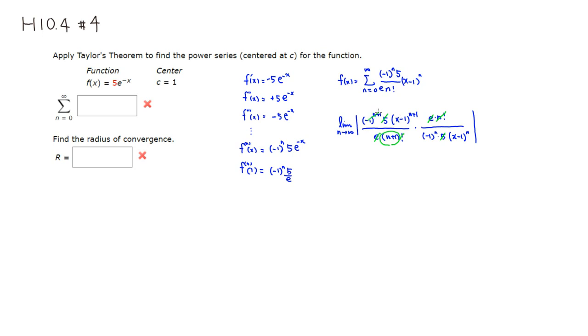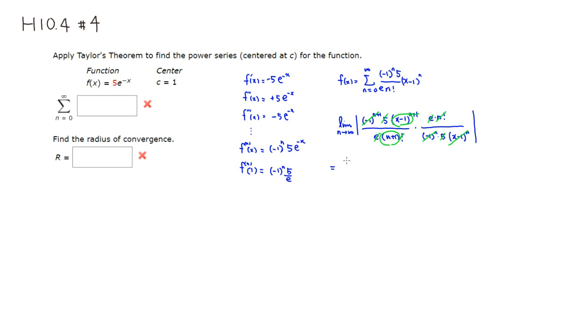Of course, negative 1 to any power does not affect anything. And x minus 1 to the n cancels, so you have x minus 1 left over on top. x minus 1 has nothing to do with n, so it's a constant.